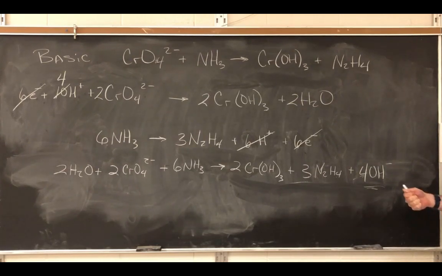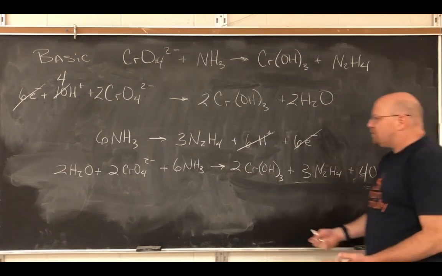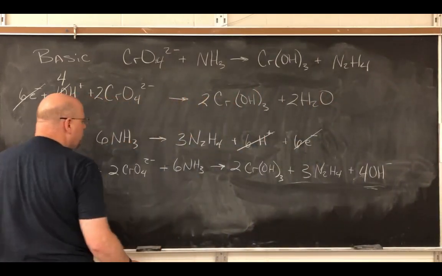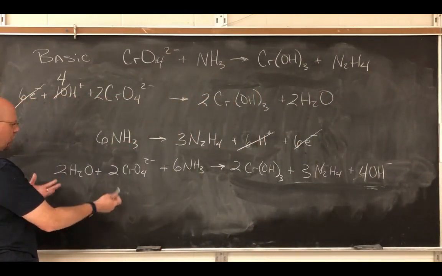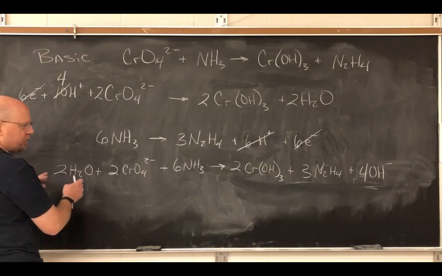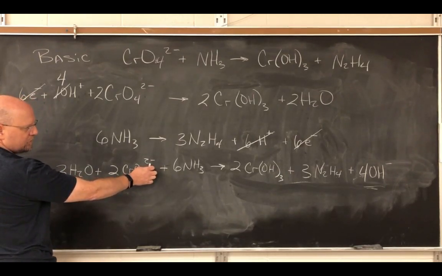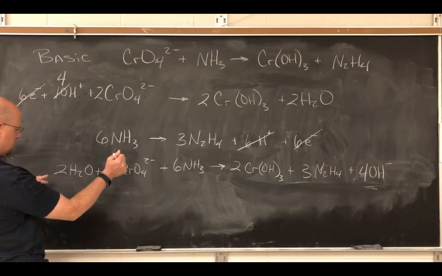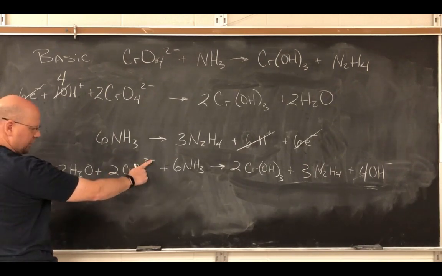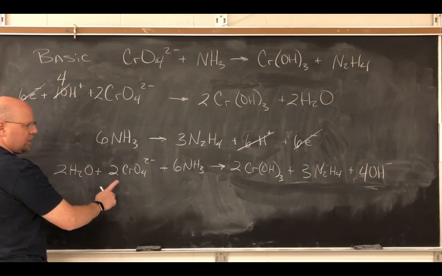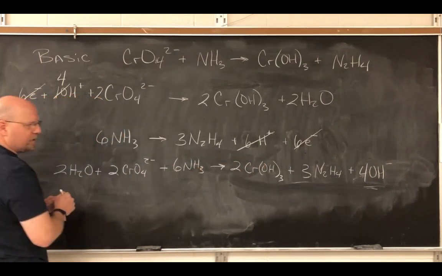And if we go through and double check again to make sure that we've got the correct number of atoms and the charges balance out. Over here, if we look at charges, we've got a total of 4 negative, sorry, 4 negative. And we've got 4 negative from the hydroxides.